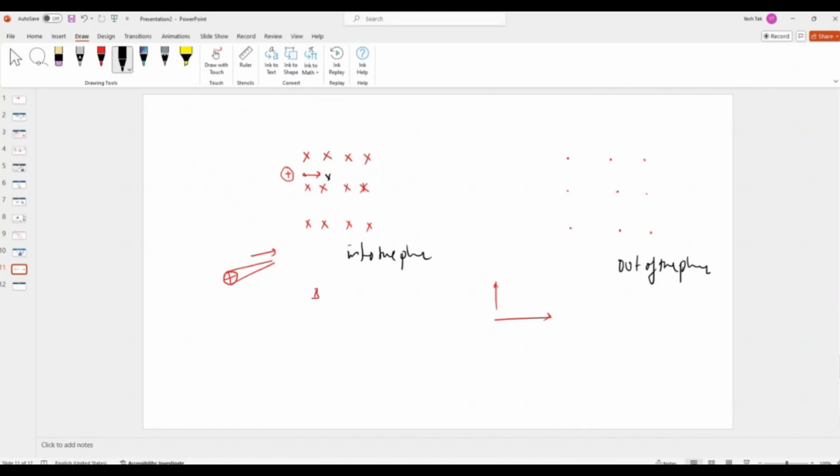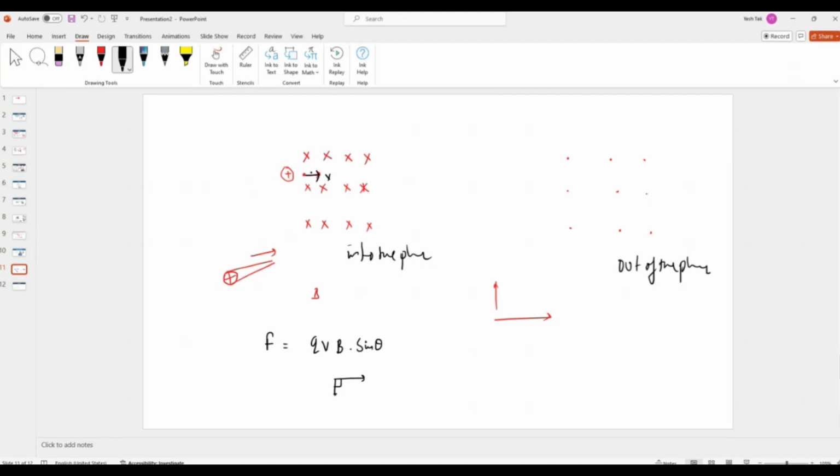So whenever this charge moving with velocity v is placed in a magnetic field, this charge will experience a force. And the value of this force will be F equals Q, the charge magnitude, times V, the velocity by which it is moving, times B, the magnetic field intensity, multiplied by sine theta, which is the angle between the velocity vector and the magnetic field vector.